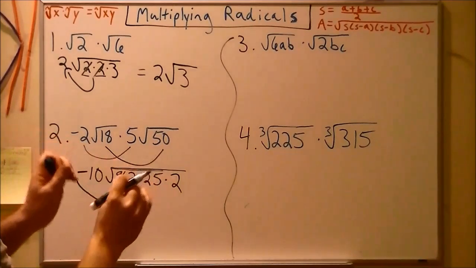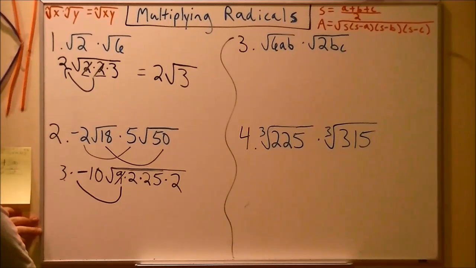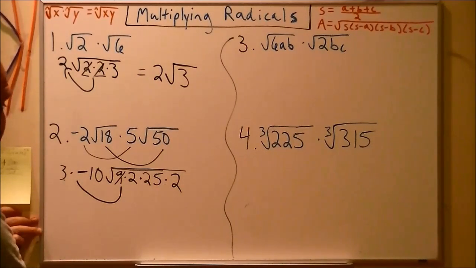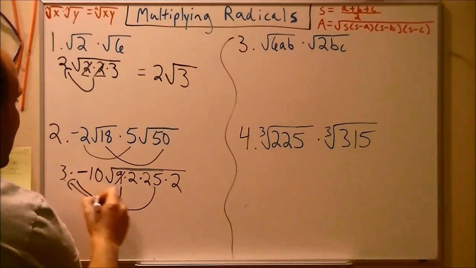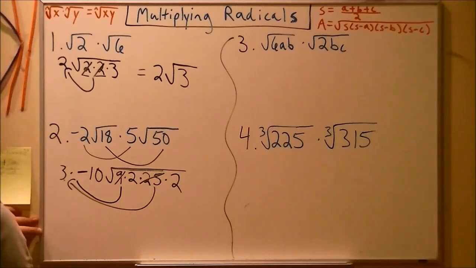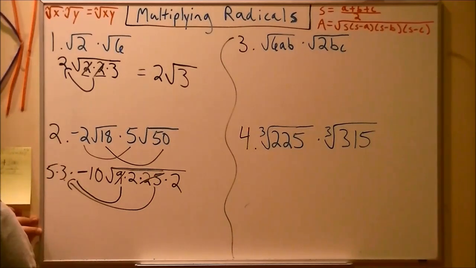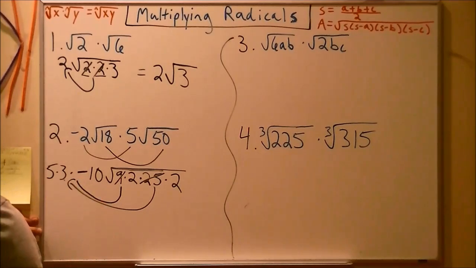Keep the multiplication sign times 3, but I got rid of that square root of 9. All right, 25. I know the square root of 25, and that's 5. I'm going to move that out here. Cross that out. The square root of 25 is 5. Okay? And so what I have is 5 times 3 times negative 10.